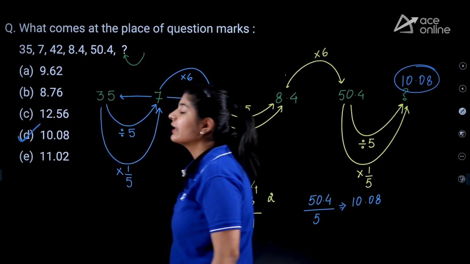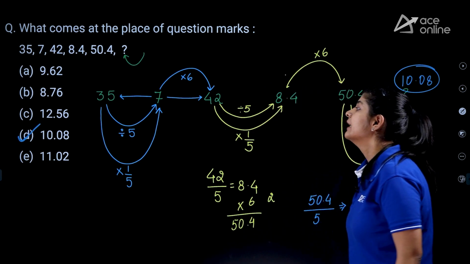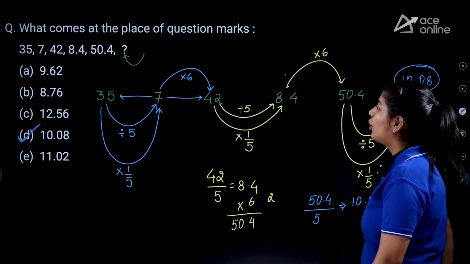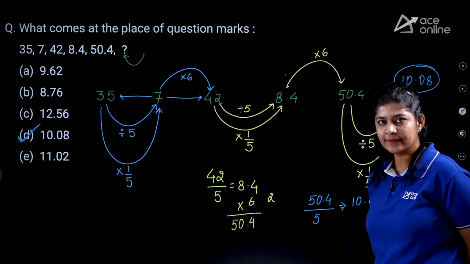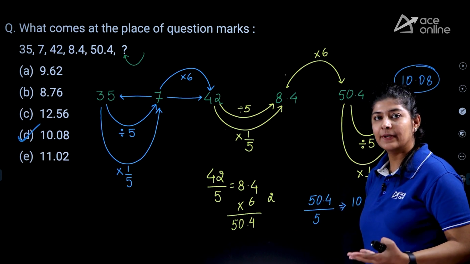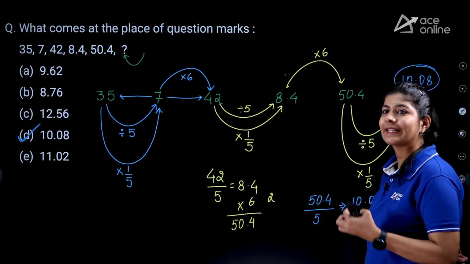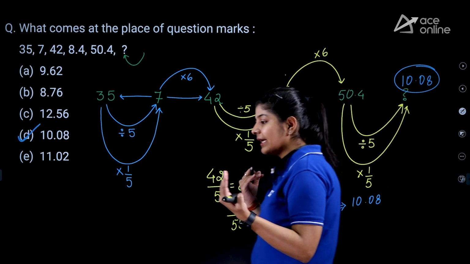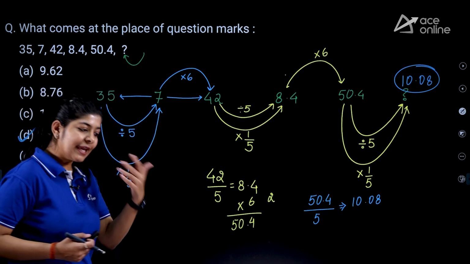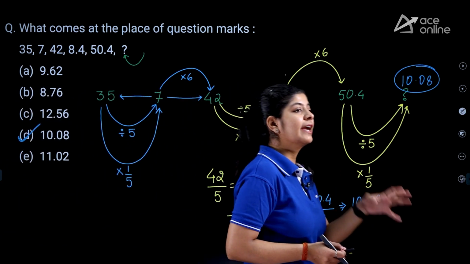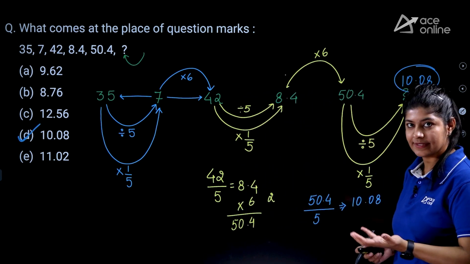So the correct answer over here is option number D, right? Is it clear? So with the help of numbers, some mathematical calculation, or by just checking the numbers nearby to the given numbers, you can detect the pattern which is hidden in these sequences, right?